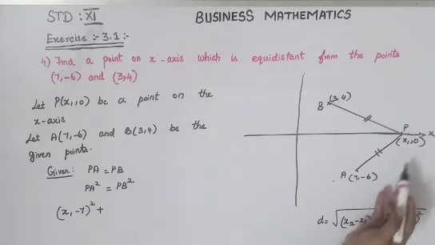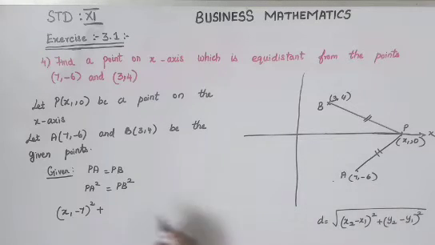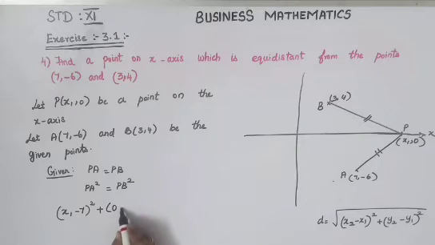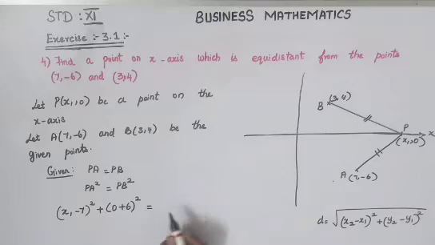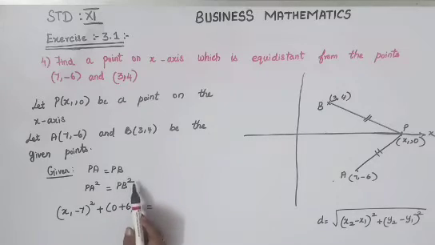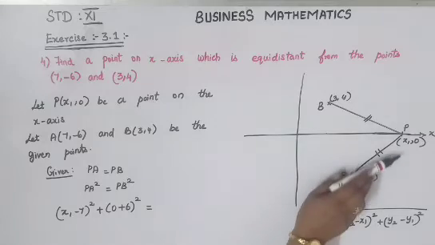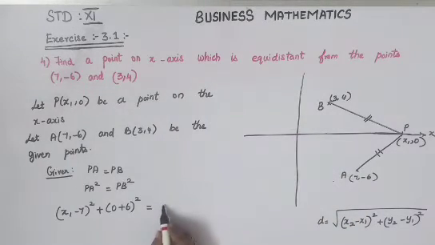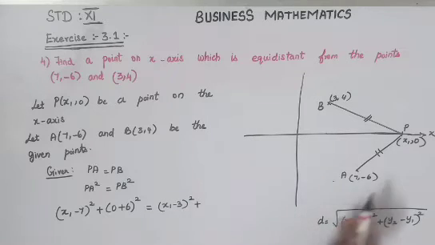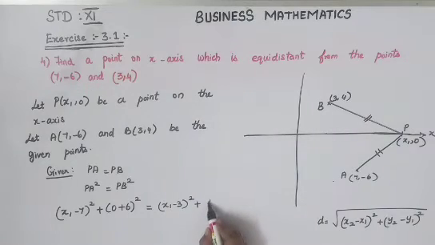So here 0 minus of minus will become plus. So 0 plus 6 the whole square, which is equal to, now PB square we'll have to find. For P and B we'll have to find again the distance. So now x1 minus 3 the whole square plus, from the formula, 0 minus 4 the whole square.